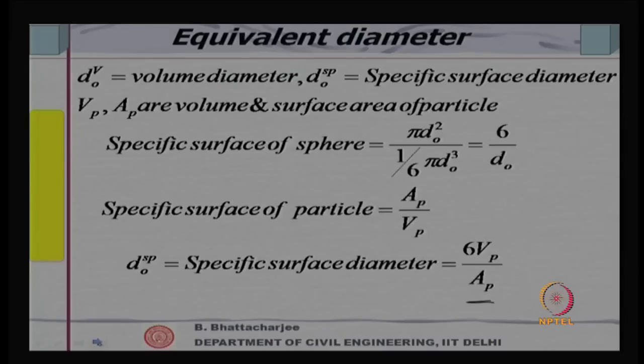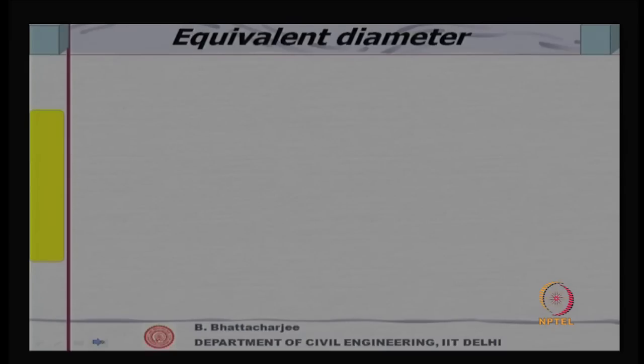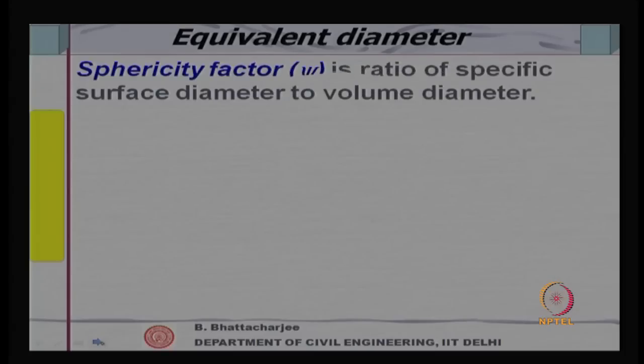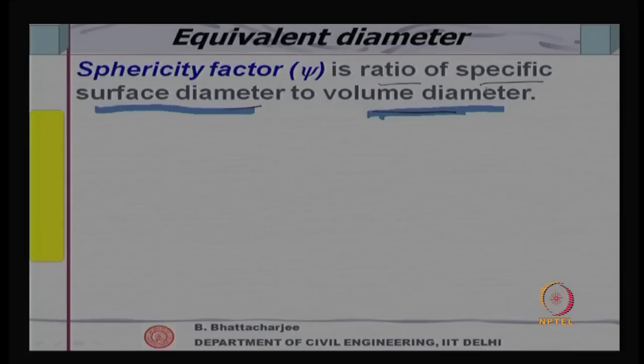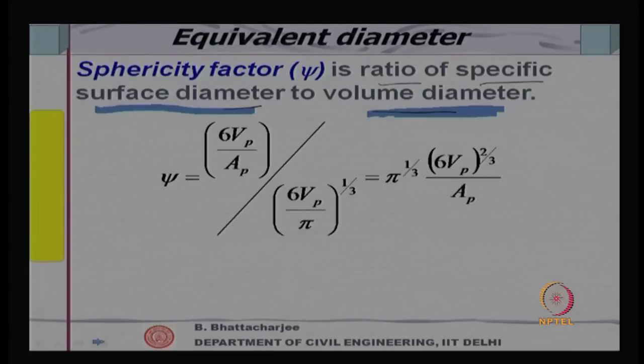So, this is how we can find various diameters, and through this we define the sphericity factor, which is related to shape. It is the ratio of specific surface diameter to volume diameter. We have seen how we define volume diameter, given by this formula.